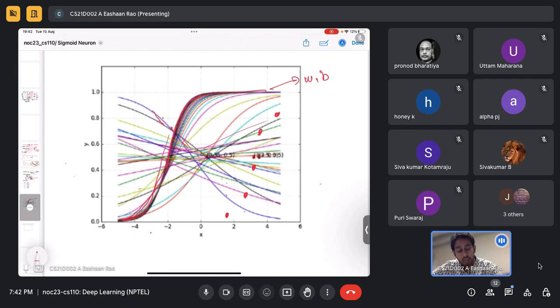This is where you started your line, and you want to go till here, the new line. That means you have to adjust the weights in such a way that it moves towards the right-hand side and tries to cover these spots. Okay, that's the objective that the sigmoid neuron wants to achieve.